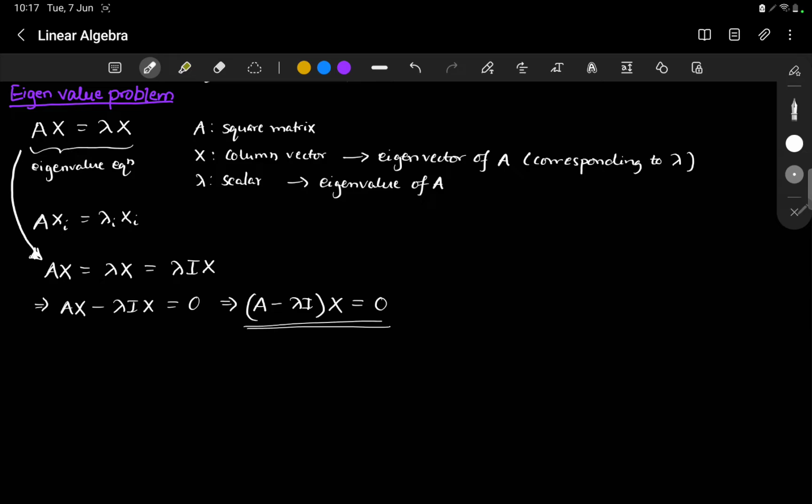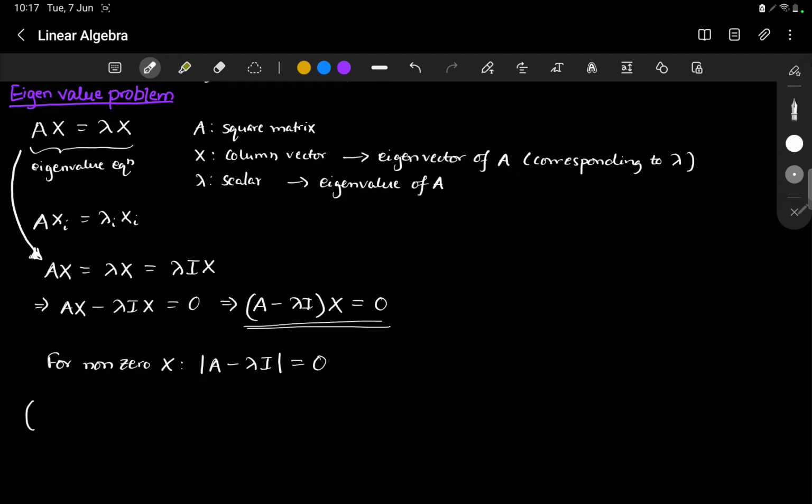Now in order to solve this equation and to get non-zero x, since eigenvectors cannot be 0, we want non-zero or non-trivial solutions. So for non-zero x, this given equation will have a solution only when determinant of A minus lambda I equals 0. And why this is so, we can quickly check.